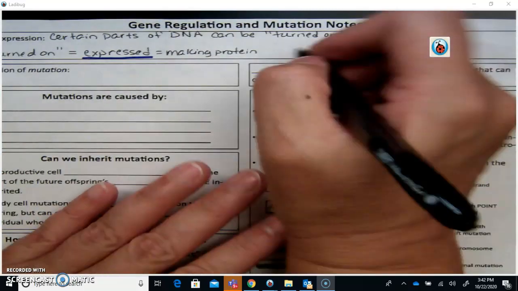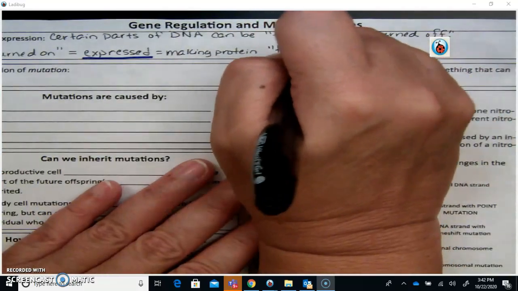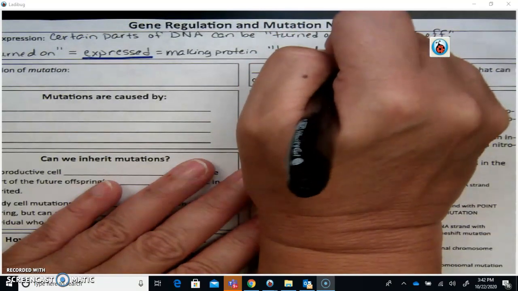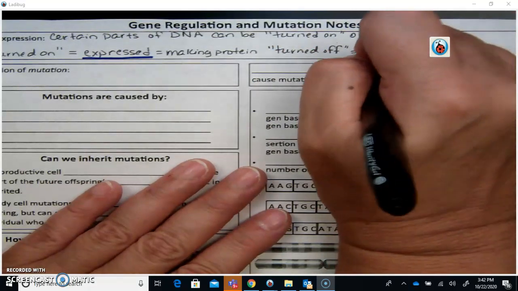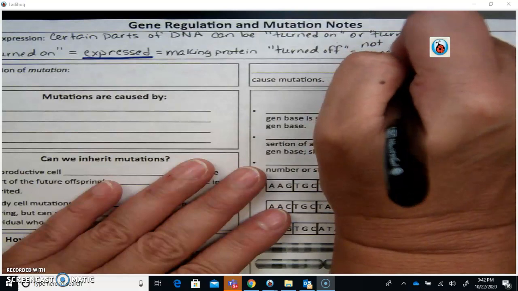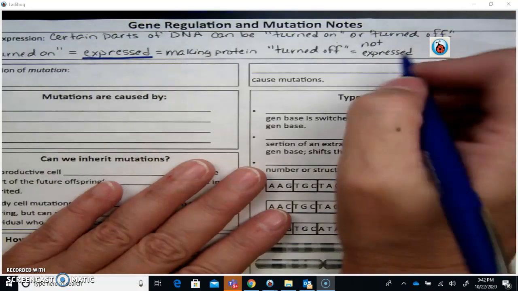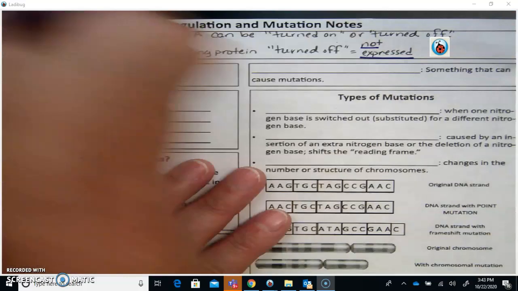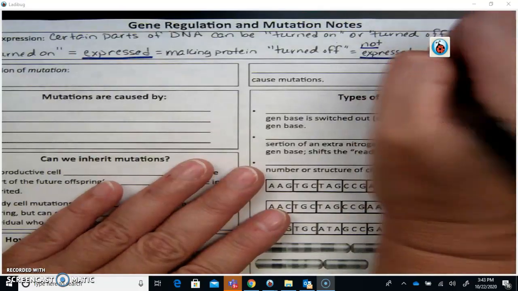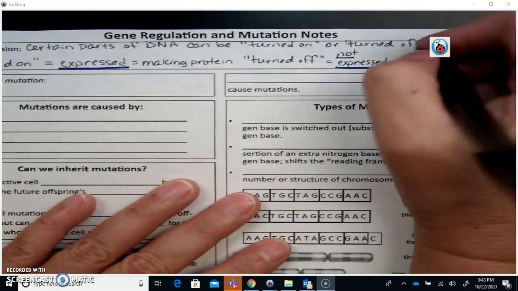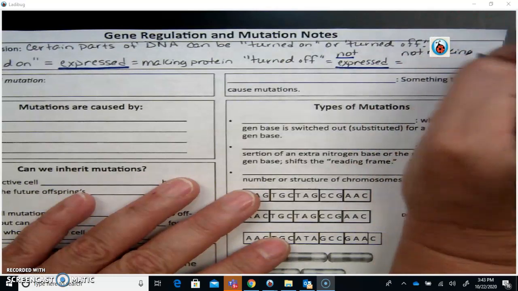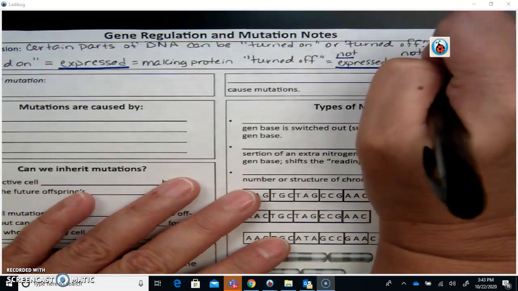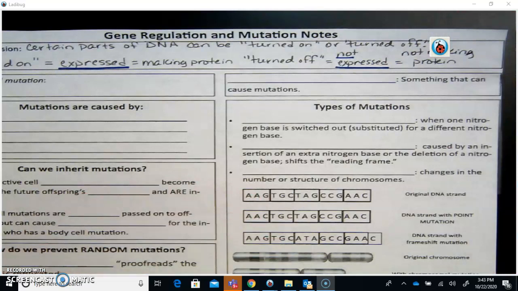Again, a turned off gene is not expressed, which means it is not making that protein. That particular protein, whatever that protein might be.